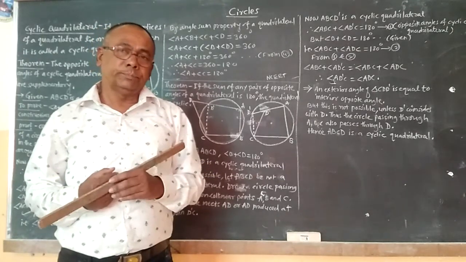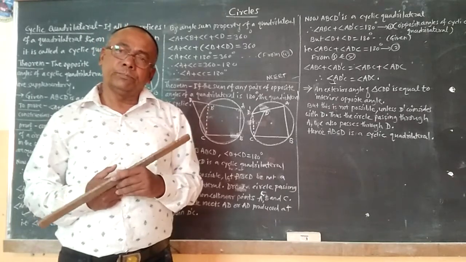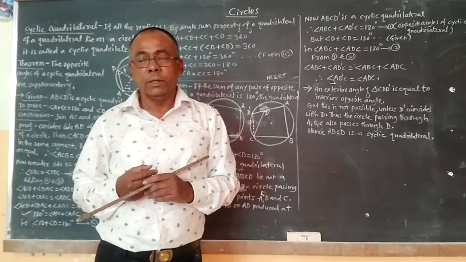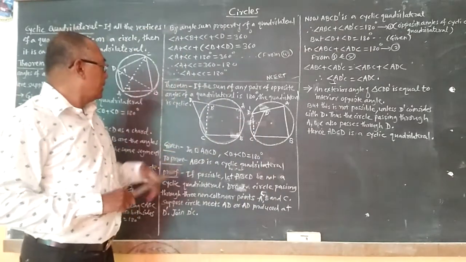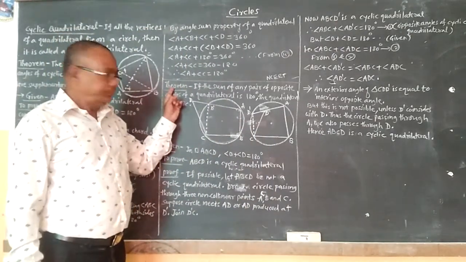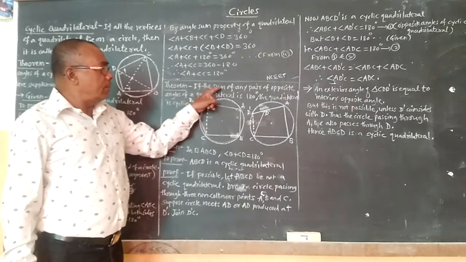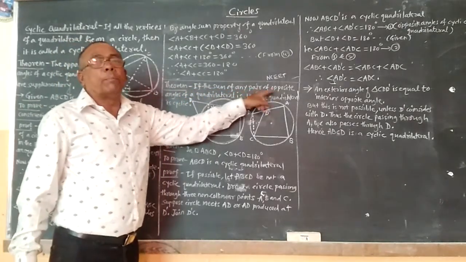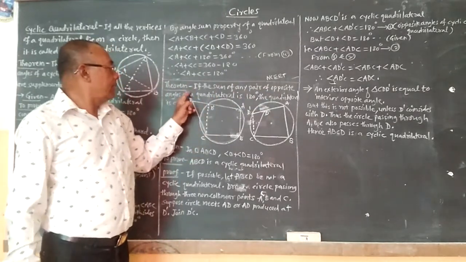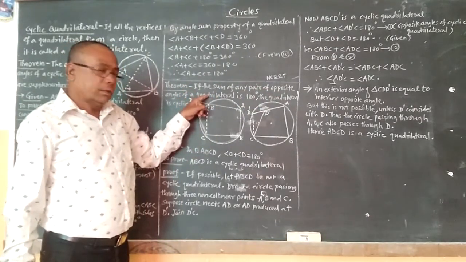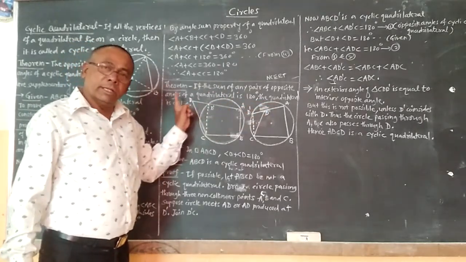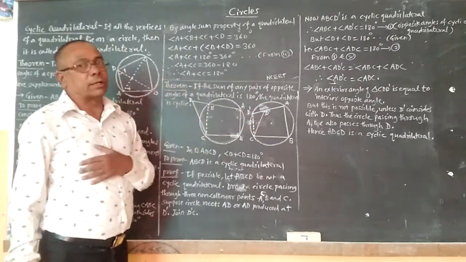So this was a very important theorem. Now we will see the converse of this theorem. Here the theorem states that if the sum of any pair of opposite angles of a quadrilateral is 180 degrees, then the quadrilateral is a cyclic quadrilateral.